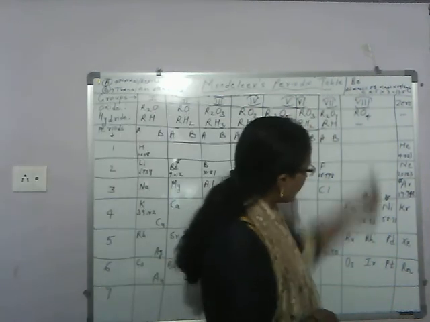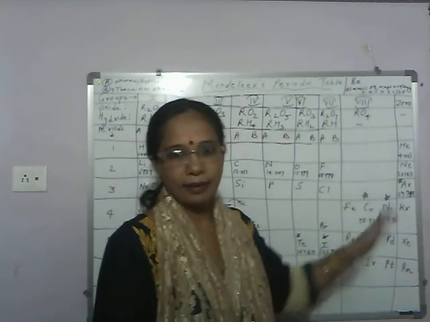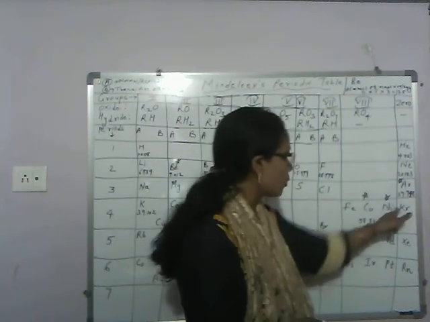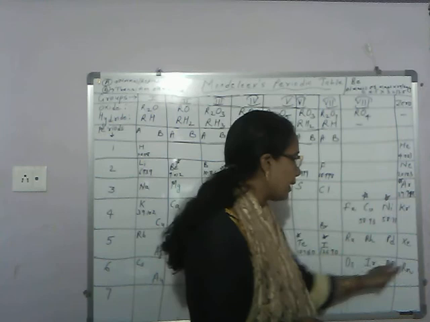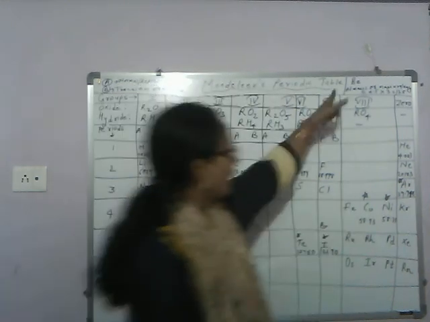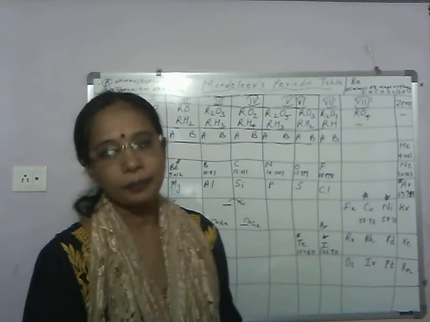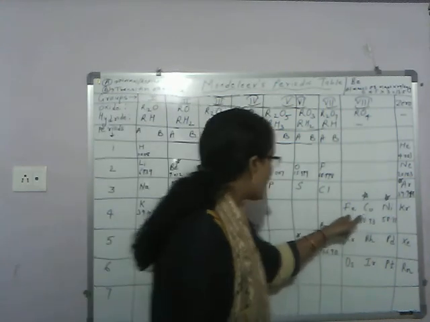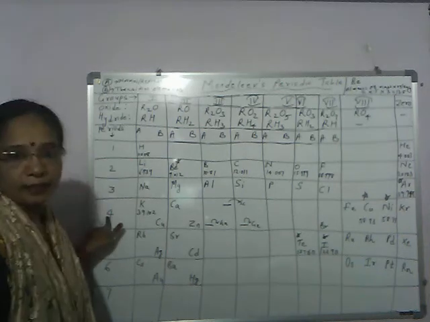Next, this group 8 has no subdivisions A and B. In total it has 9 elements. 1, 2, 3, 4, 5, 6, 7, 8, 9. And these 9 elements in group 8 are called transition elements. They are arranged in 3 sets, starting from which period? 4th period.